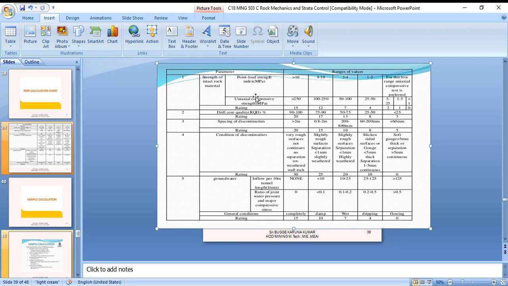Similarly, uniaxial compressive strength in megapascal: more than 250, 100 to 250, 50 to 100, 25 to 50. Then rating, drill core quality RQD percentage, rating, spacing of discontinuity, rating, the condition of discontinuities, rating, and also groundwater inflow with general conditions. So this is the complete chart for the sample calculation.